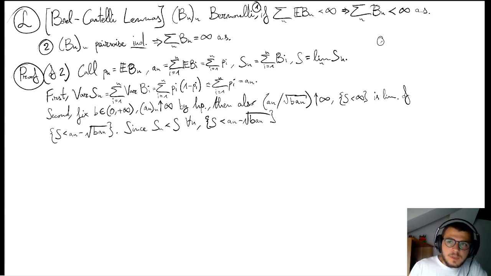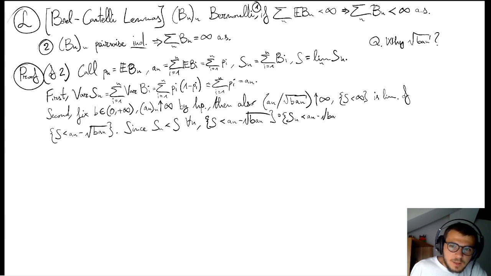Now, question. Why do we consider the square root of B times An? I don't know. But we know here that this contains Sn less than An minus square root of B times An.